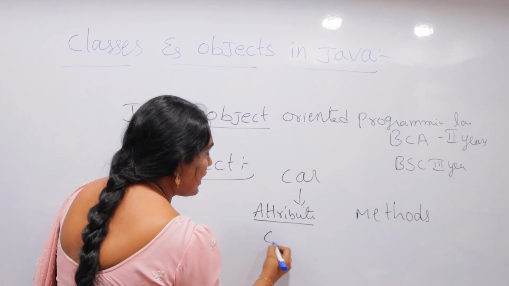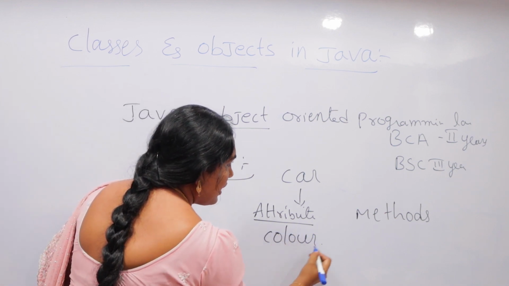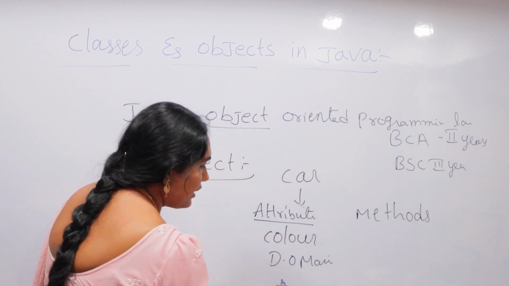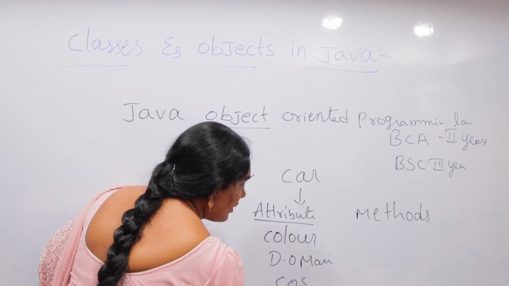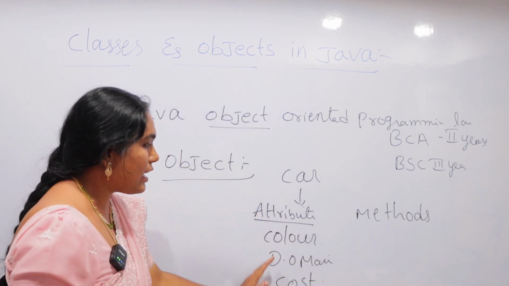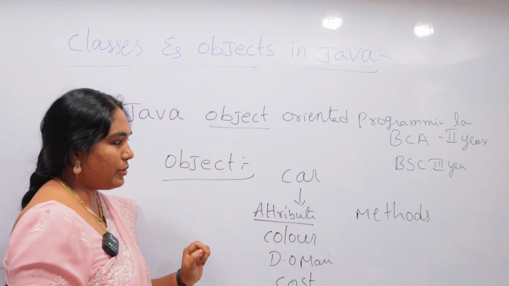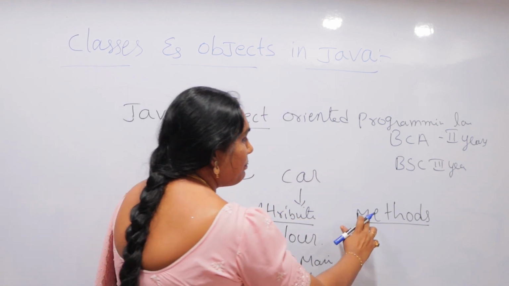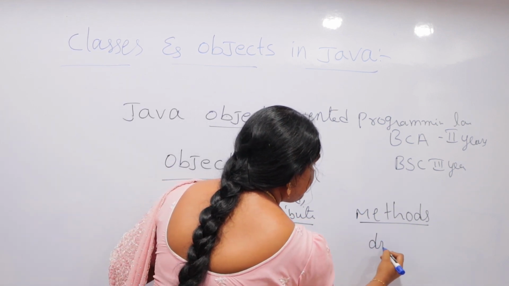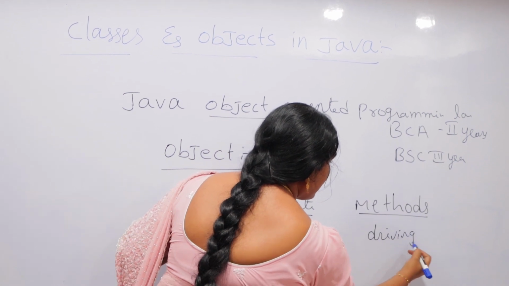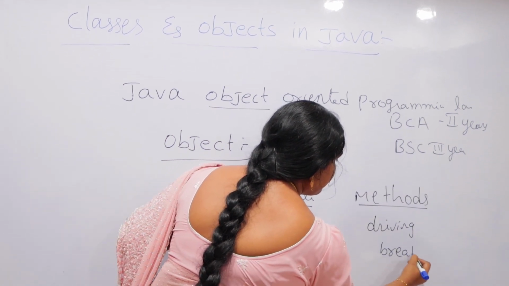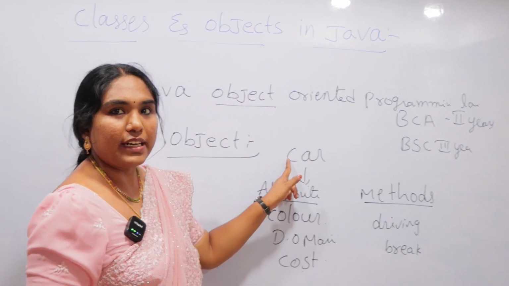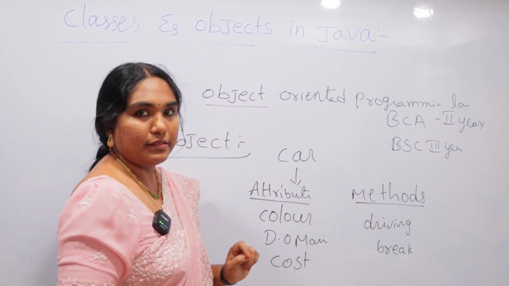For example, car color, date of manufacturing, and the cost of the car. These all are attributes. Come to the point of methods. Here, the method is nothing but driving and brake. Which work is done by this object is called the method.